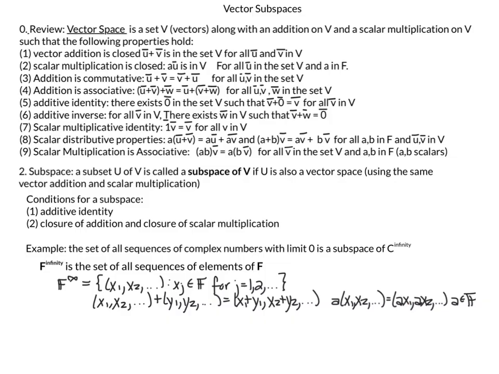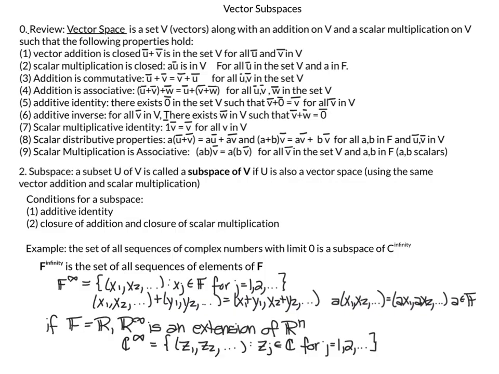So ax1, ax2, ax3, etc. I think it's kind of an odd looking notation, but you can consider this F to the infinity sort of like an extension of F to the n. So like if F is equal to R, then R to the infinity is an extension of R^n. Those are our vector spaces of dimension n. So C to the infinity then is an extension of C to the n, and it's just a bunch of complex numbers, z1, z2, up to z infinity.